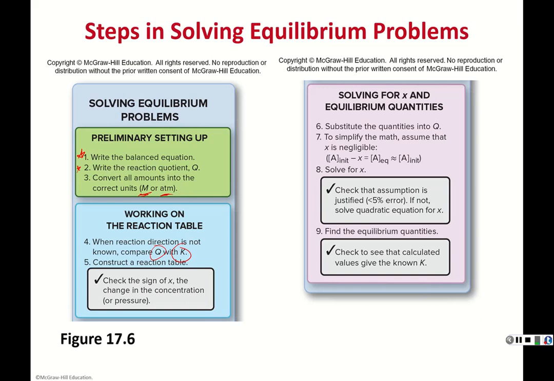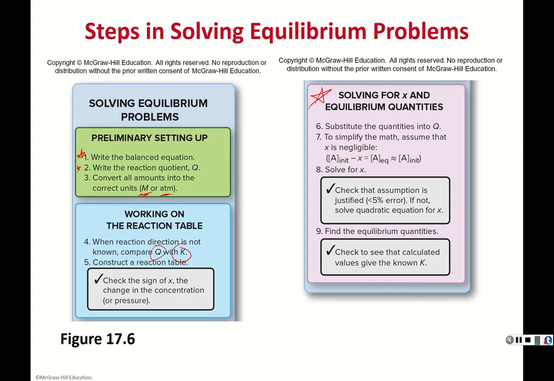And remember, in constructing the table, you do initial concentrations, which you're usually given, then the change, which uses the variable X, and then what it is at equilibrium, which would just be the initial value plus whatever the change is. Once you do that, you can solve for X using the equilibrium quantities. Usually you're going to be given enough information to do this.